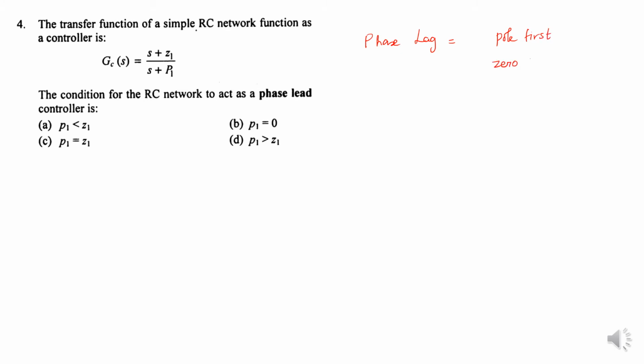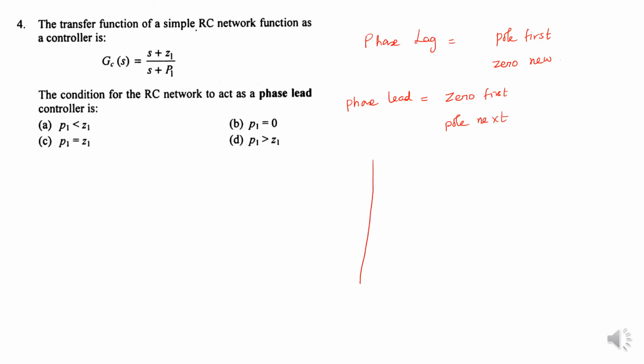So this is the way to remember phase lag compensator. The inverse of phase lag compensator is phase lead compensator. In a phase lead compensator, zero first, then pole next. So in this way, you have to remember this. It is easy to find out.